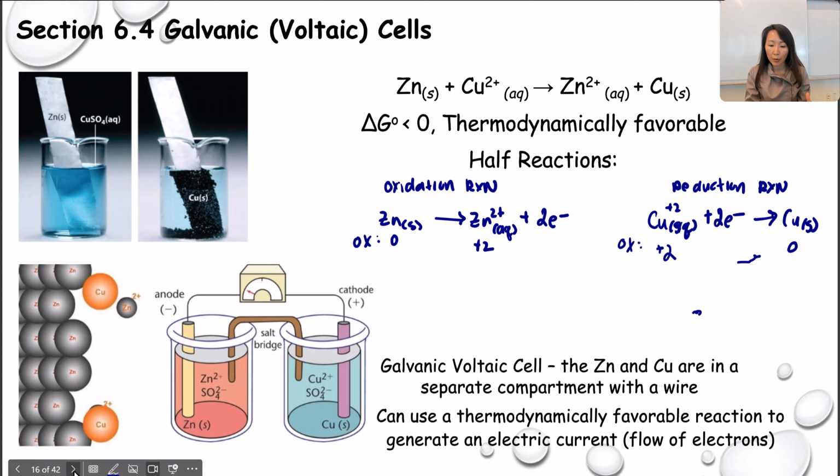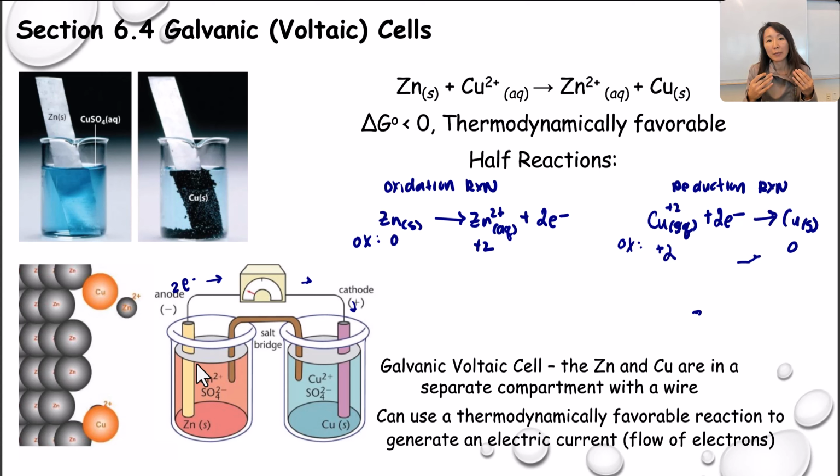And now, why is this important? Well, this reaction is thermodynamically favorable, because zinc wants to lose the 2 electrons and copper wants to gain 2 electrons. As that favorability happens, the electrons will travel from the zinc side to the copper side, and the copper side will accept those electrons because it wants to gain the 2 electrons.